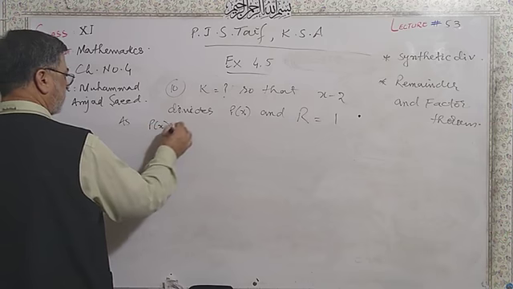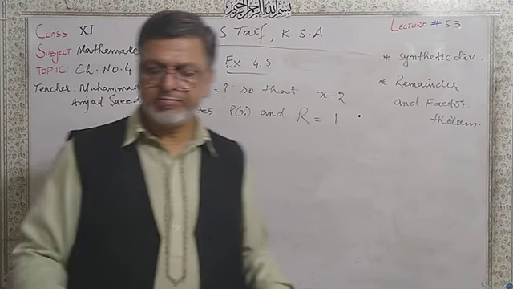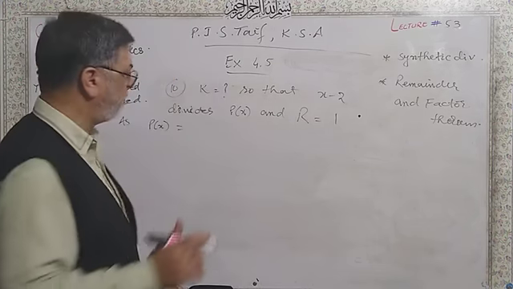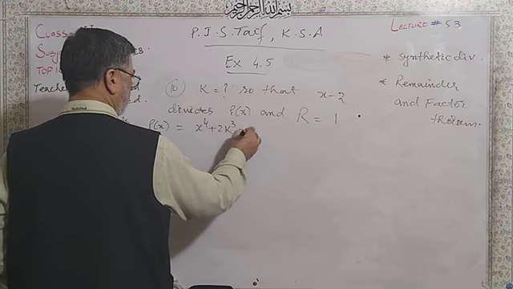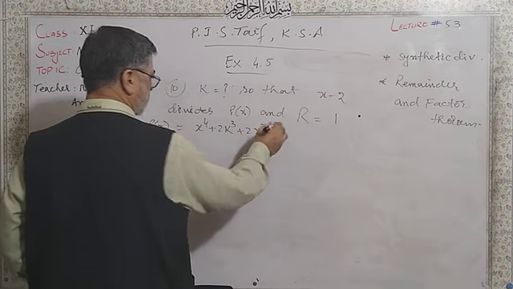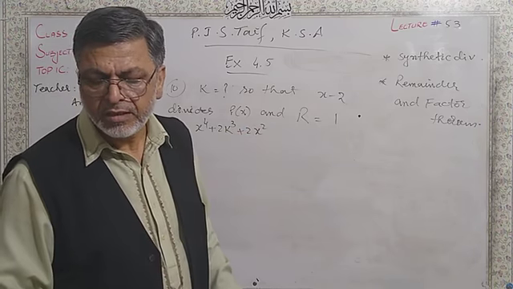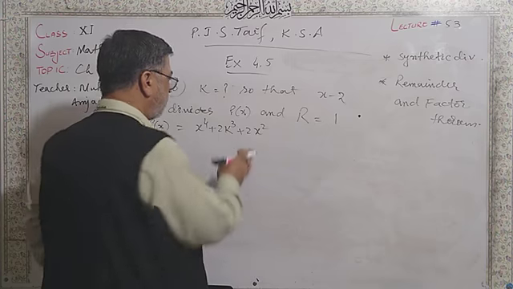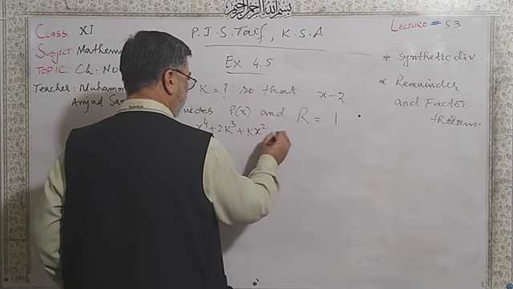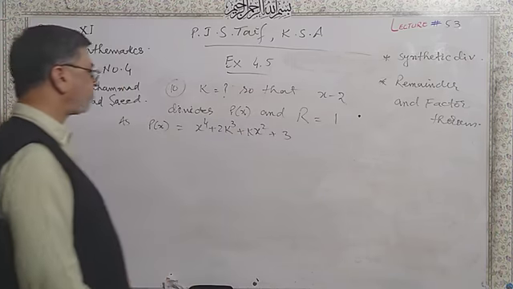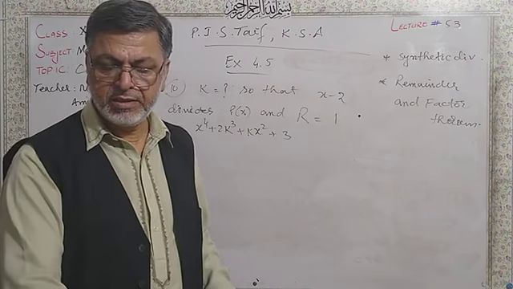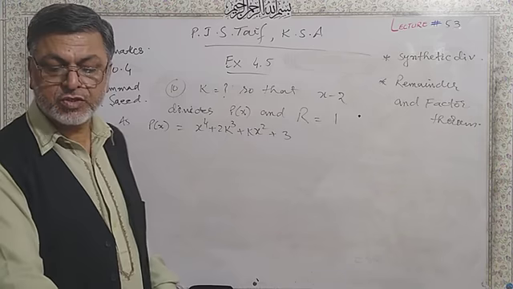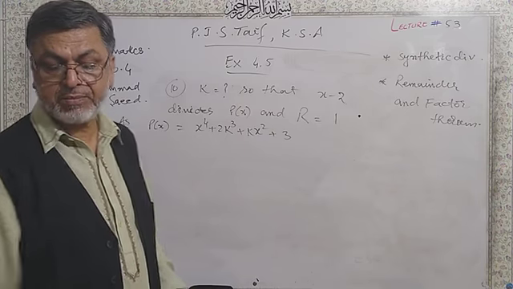What is p of x? As p of x is given, p of x is x^4 plus 2x^3 plus kx^2 plus 3.